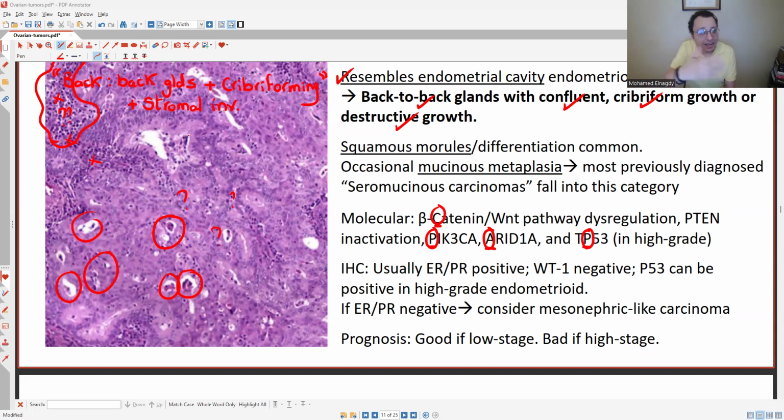There is always reactive inflammation in response to necrosis. So you see that the stroma is infiltrated by inflammatory cells. A heavy inflammatory cellular infiltrate in the stroma means that this stroma is getting invaded by something. That's what we call desmoplasia as pathologists.